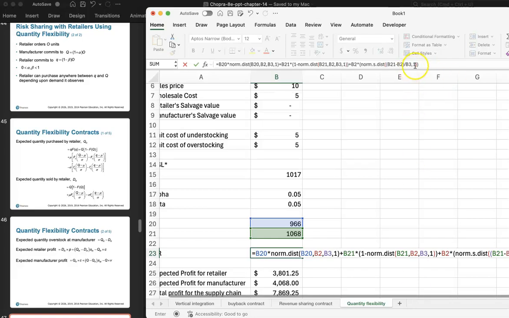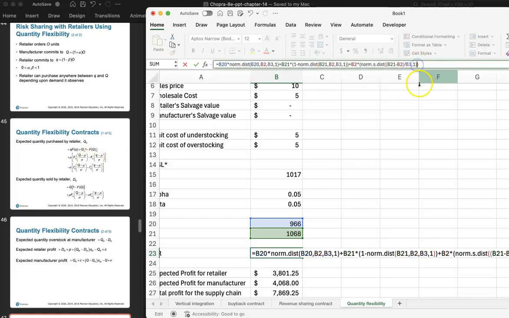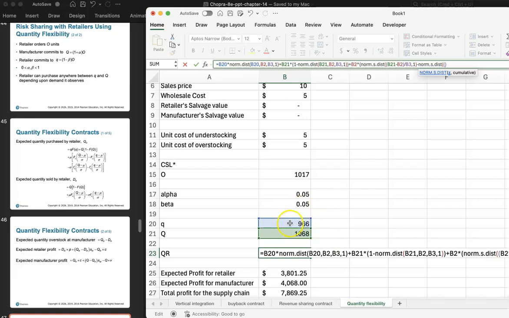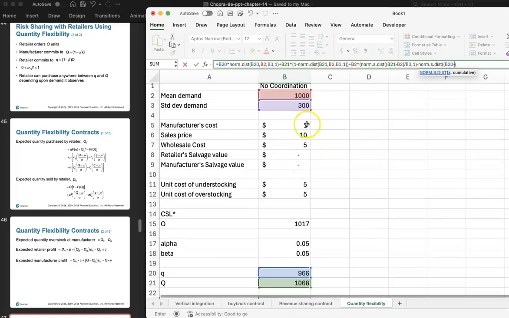So that's the first part, minus again NORM.S.DIST of lowercase q minus mu divided by standard deviation, comma 1.